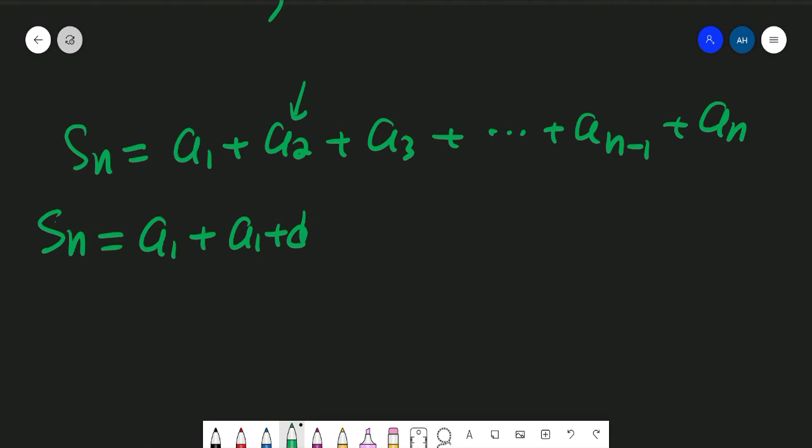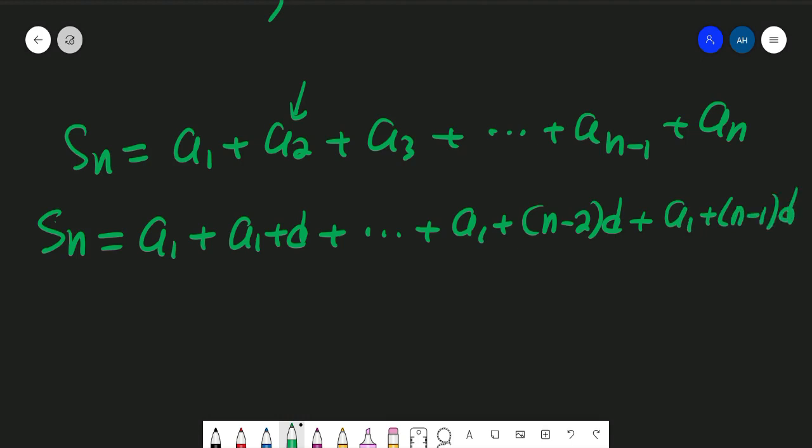I hope you still recall, a1 plus d is equal to a2. Plus dot dot dot. Now what is the n minus 1 term? That is a1 plus n minus 2 multiplied by d. That is the an minus 1 term. Now what is an? That is the last term, a1 plus n minus 1 multiplied by d.